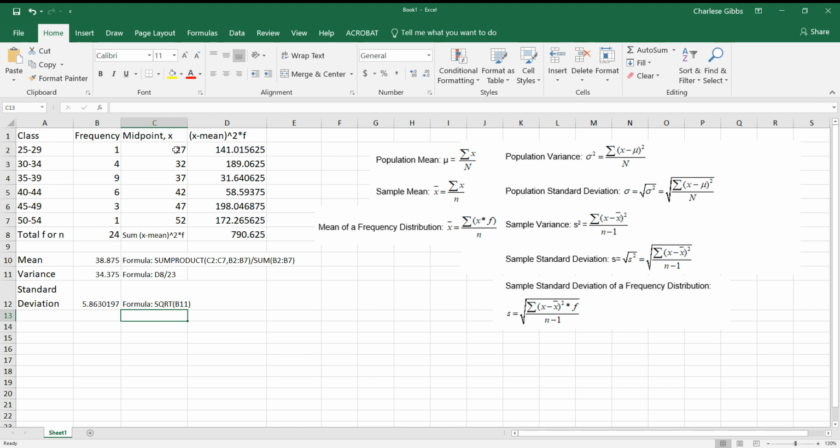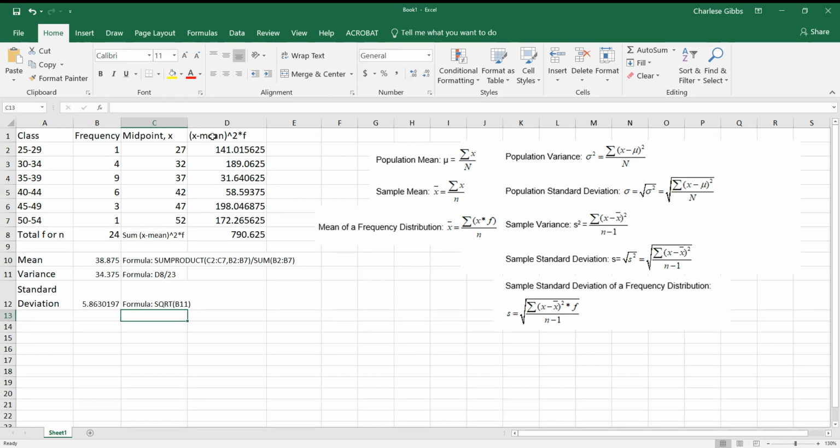So we had to multiply x times f, and divided it by 24, which was our n, or our total frequency. We actually summed up the total frequency to get our n for this problem. Or if you knew what it was, you can just divide by 24, either one.